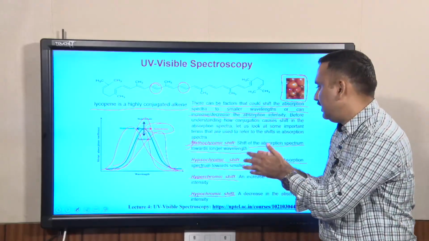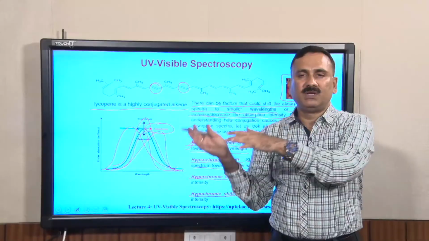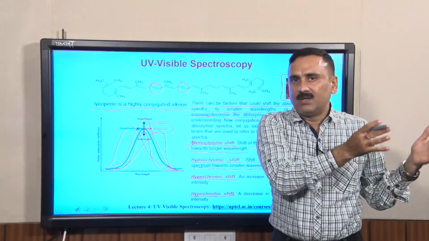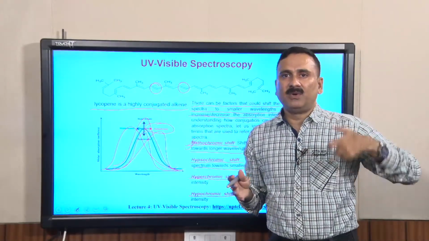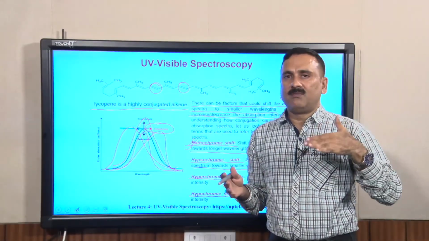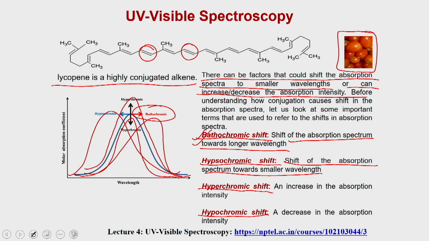The other one is the hypsochromic shift, in which the lambda max will shift towards the shorter wavelength, which means the compound now starts absorbing at a lower wavelength, that is, at a higher energy. Or the absorption can decrease, so you can have the hypochromic as well as the hyperchromic effects.